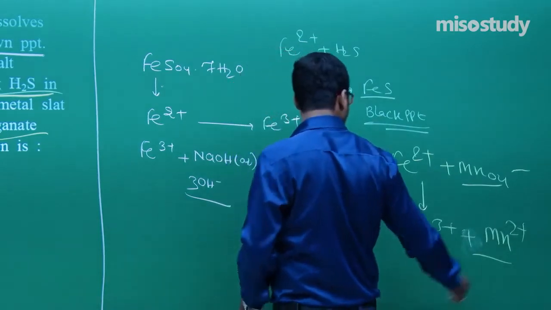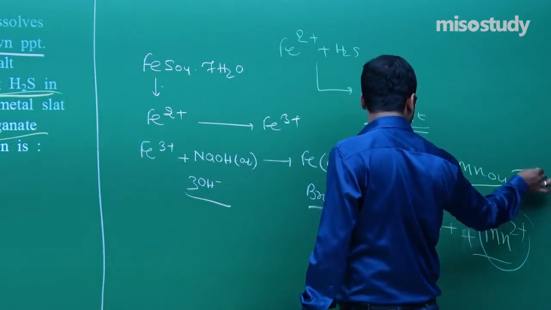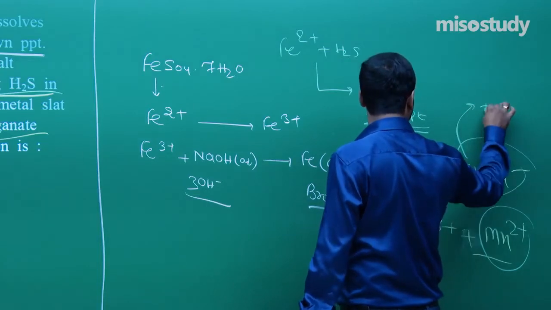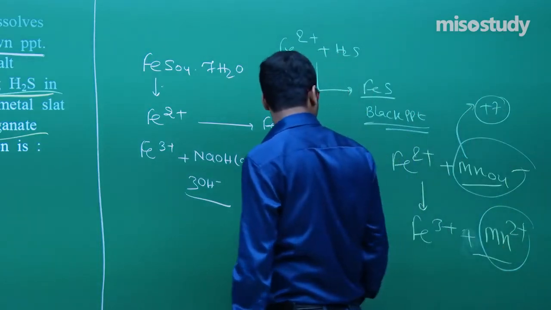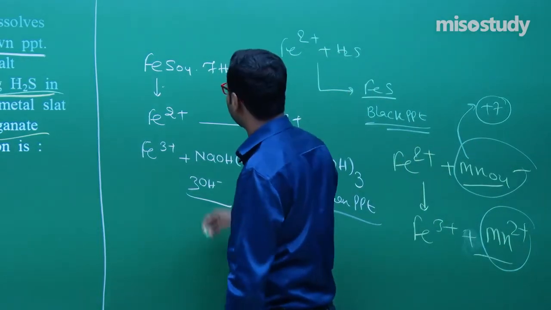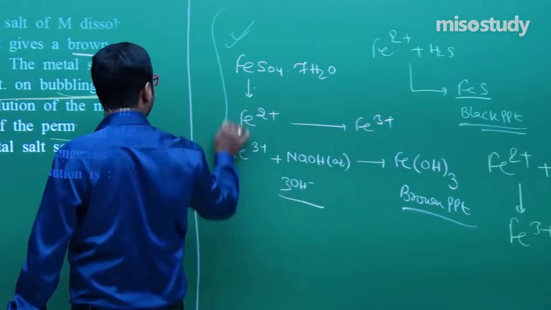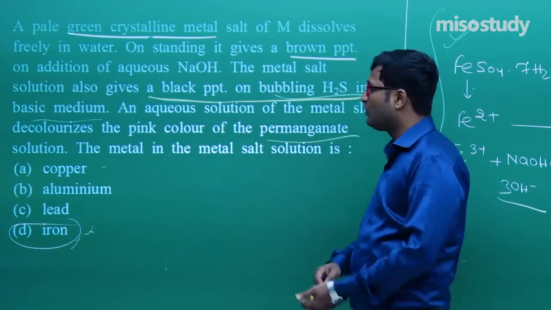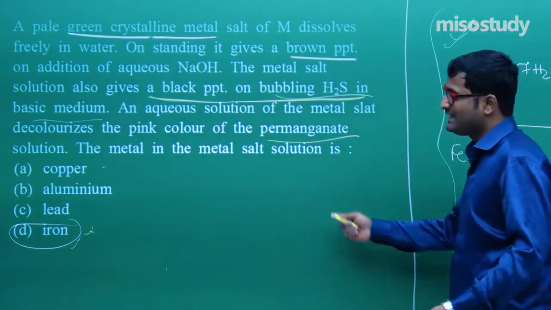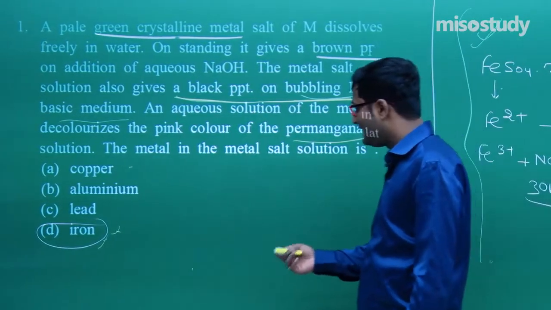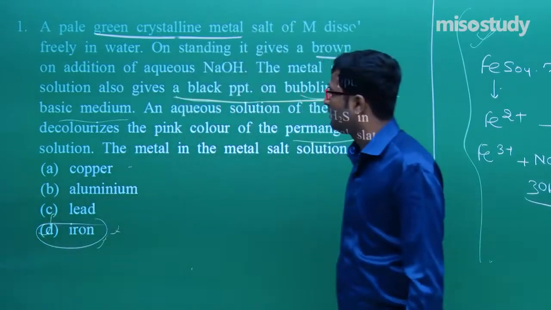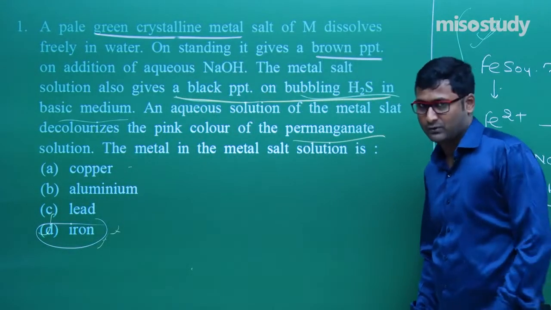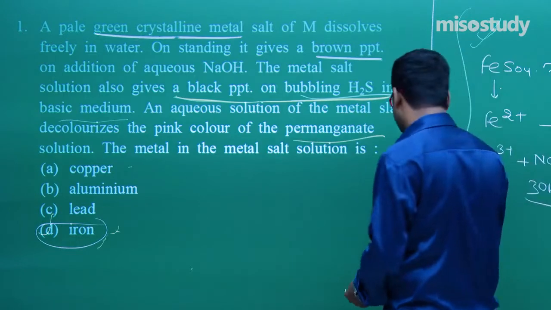Due to the formation of Mn2+ ion, that is the conversion of Mn from the +7 oxidation state to +2, the solution decolorizes. So it satisfies the overall criteria. So we can easily say for question number 1, D is the correct option. Is it clear, friends? I'm going to rub this part and we'll move on.